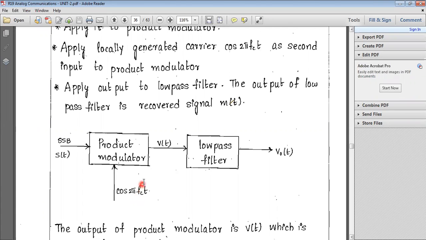The output of the product modulator is V of t, which is the product of S of t and C of t. After passing through the low pass filter, we eliminate the unwanted components. So at the output of the low pass filter, we get only the message signal.